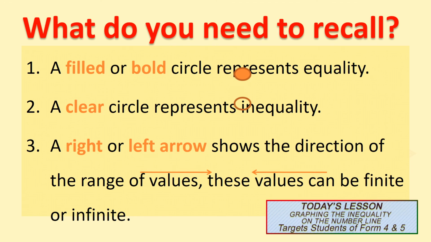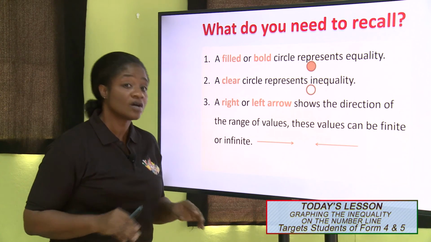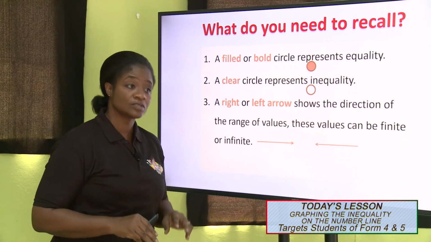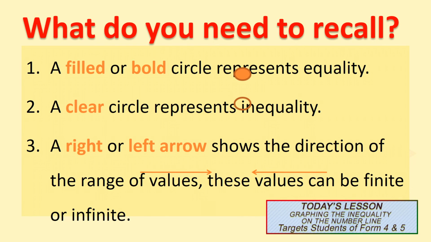Secondly, a clear circle represents inequality. x is not equal to 4, x is not equal to 5, so my circle should be clear. Thirdly, a right or left arrow shows the direction of the range of values. These values can be finite or infinite.